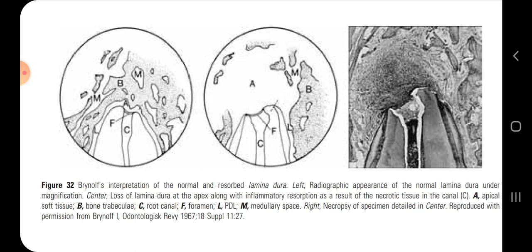Here A indicates soft tissue, B indicates bony trabeculae, C indicates root canal, F indicates foramen, L indicates PDL, and M indicates medullary space. This is the necropsy of the specimen, detailed in the center.